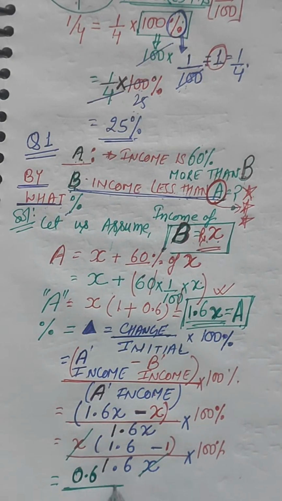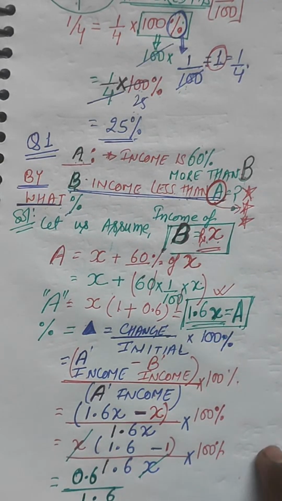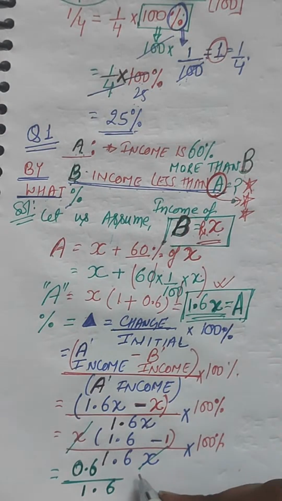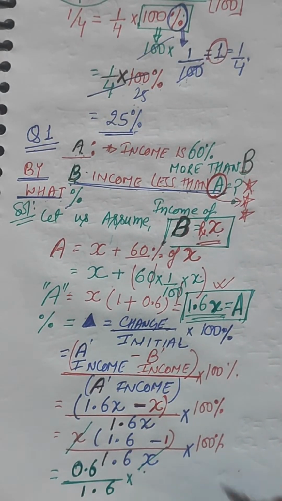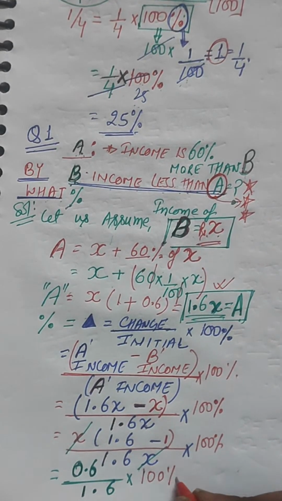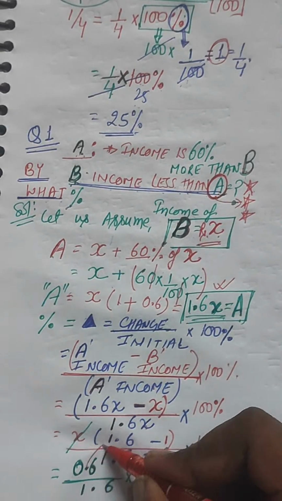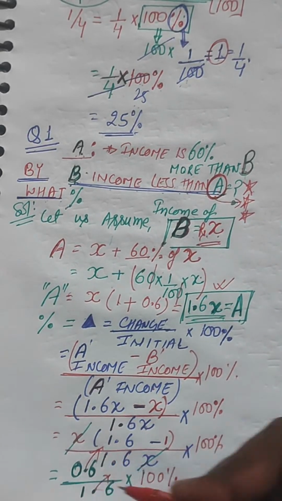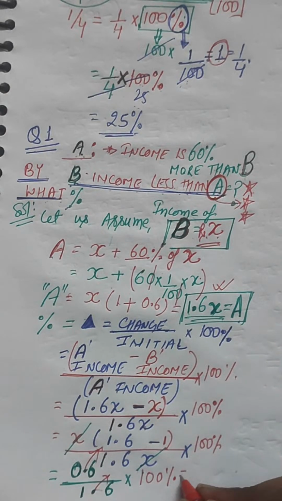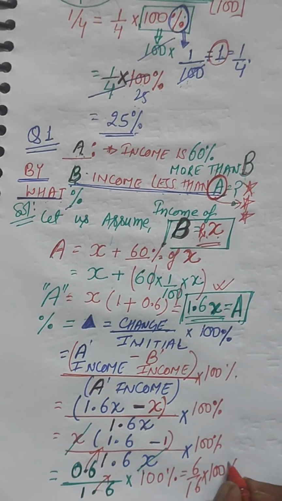0.6, divided by 1.6, right, into 100%. So here you can see this decimal will be eliminated, right? And we have 6 by 16 into 100%.